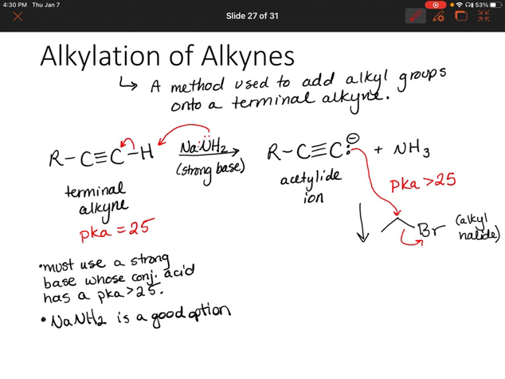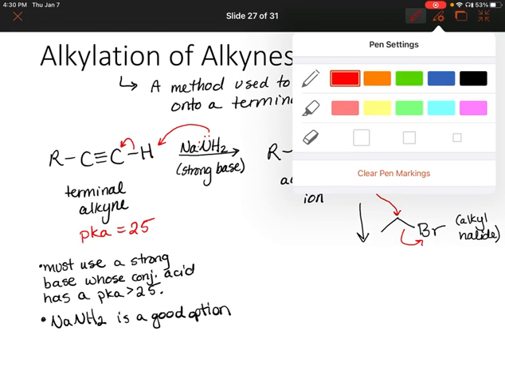Now, we do want to use a primary or methyl alkyl halide. So we don't want it to be secondary or tertiary because otherwise we're going to have an E2 reaction because the acetylide ion could take a proton instead. So we want to favor substitution, not elimination.